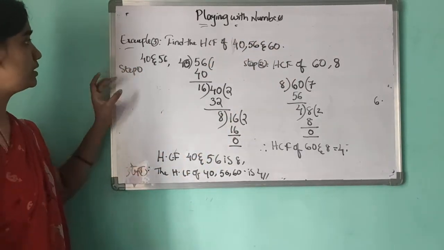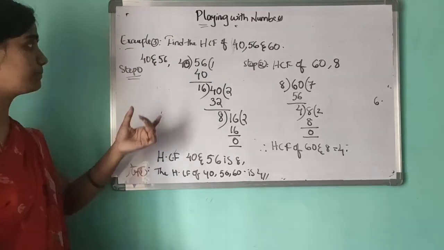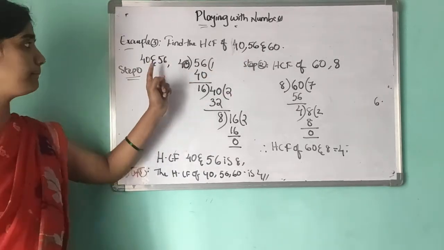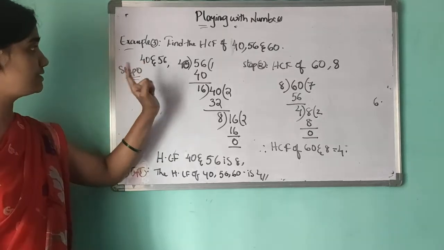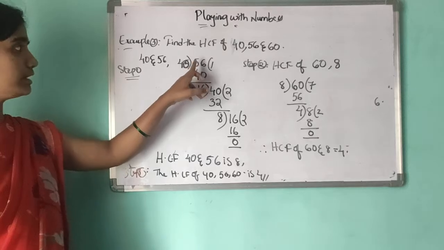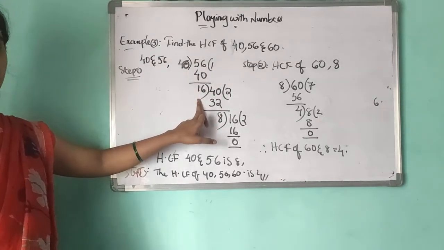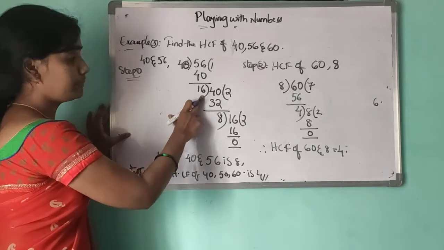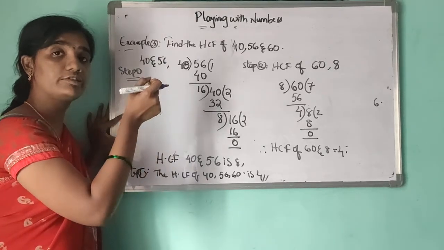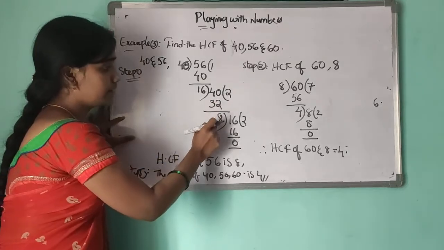You take any two numbers. First, we have to find the HCF of two numbers. Here I am taking 40 and 56. Comparing these two, which one is the highest? 56. So 56 is divided by 40, and the remainder is 16. Then the previous divisor is divided by the remainder, and you get the remainder 8.